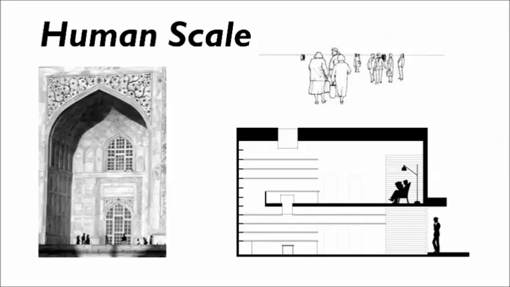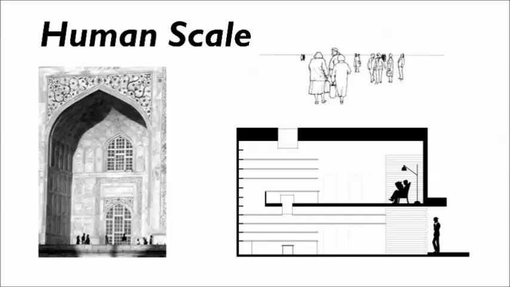That archway is much larger than a person, but you can't tell that until you see the people in the drawing. If you didn't have that, then you might think that archway was twice as tall as a person instead of 15 times as tall. And so that human scale really helps you understand what the building is like in relation to a person.